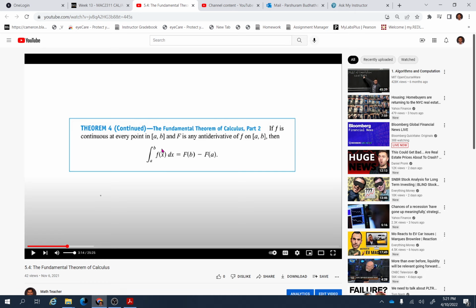It says if you want to find the finite integral of small f, first find the antiderivative of f, which would be capital F, and find the value of that antiderivative at b, which is the upper limit, minus the value of capital F at a. Find the difference between them. That is your finite integral. So that's the first thing you have to know.